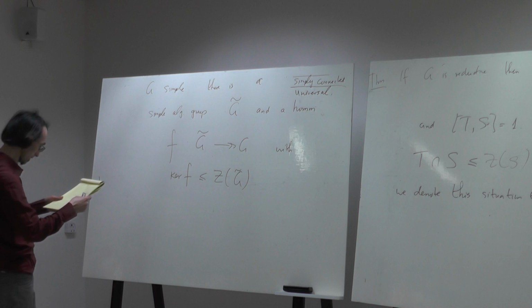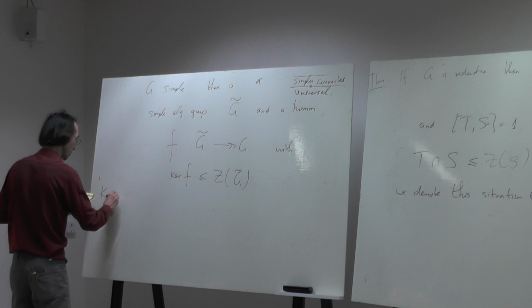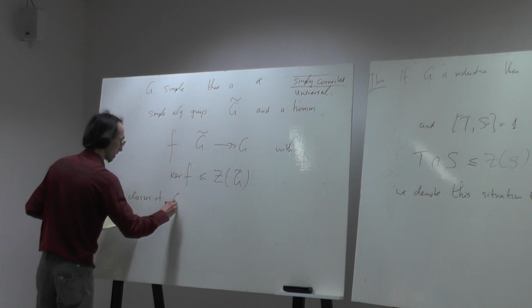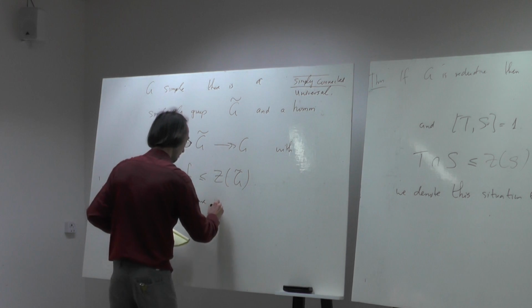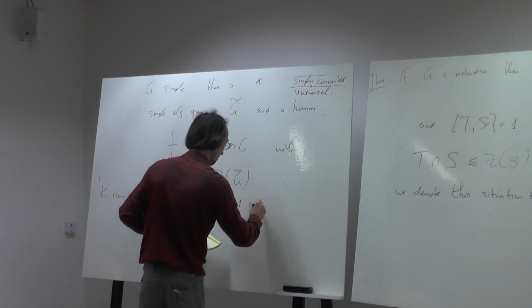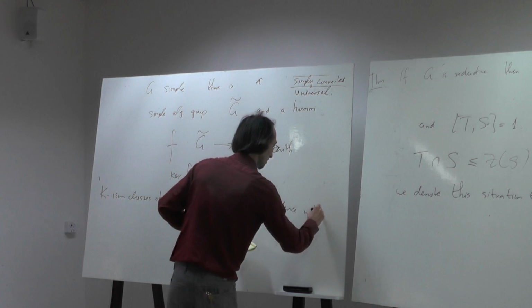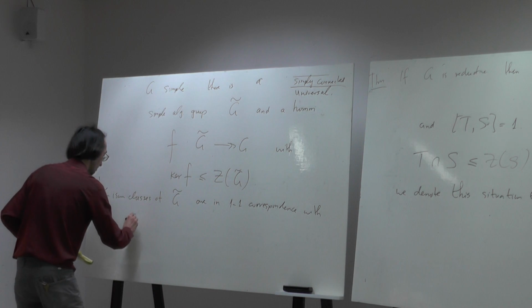So I was about to say here, the K-isomorphism classes of these universal groups are in one-to-one correspondence with simple Lie algebras.